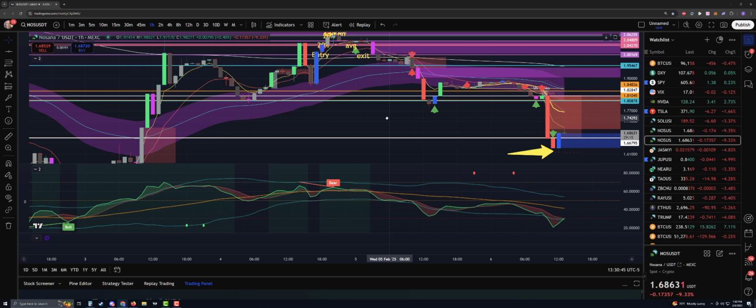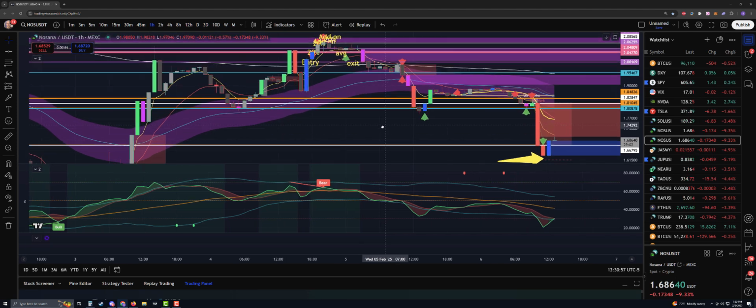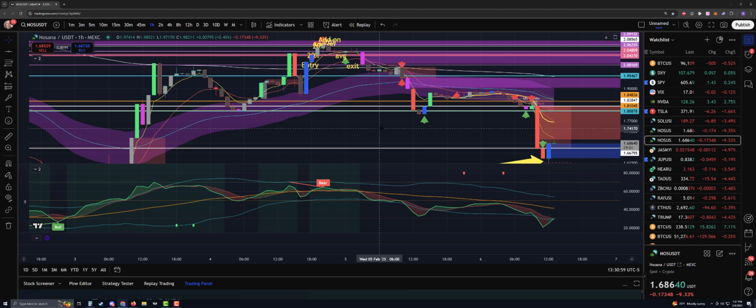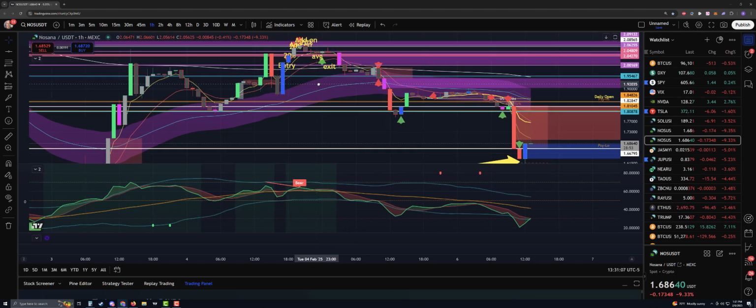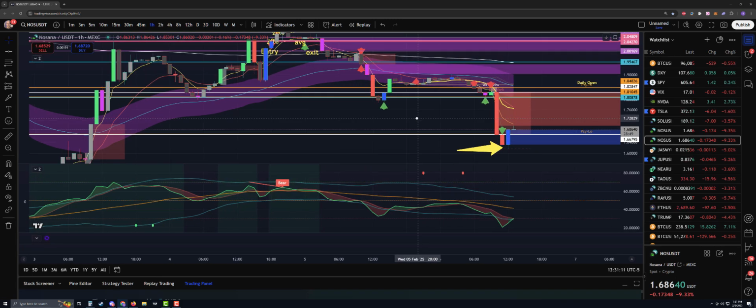When I'm actually scalping, I'll generally be in the 1 minute time frame, just because this particular coin, Nosana, moves incredibly fast. In the blink of an eye, you could be on one of these candles that's just shooting up. So I generally will move down to like the 5 or the 1 minute time frame.